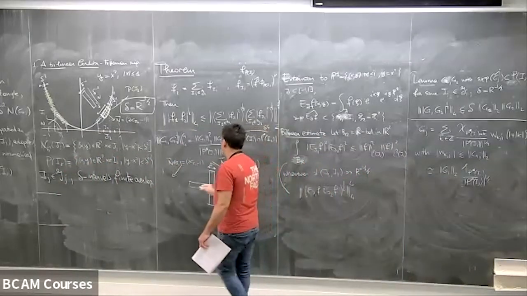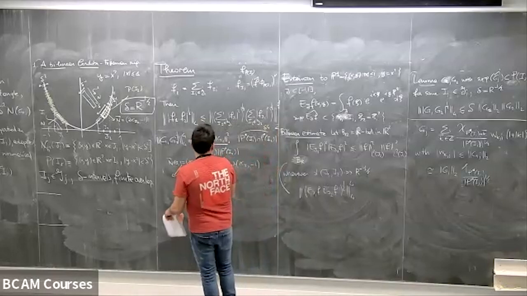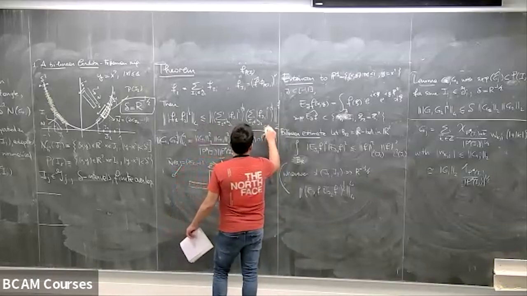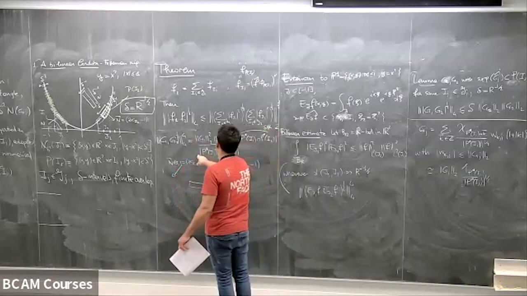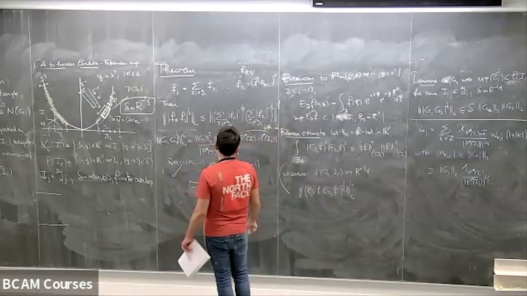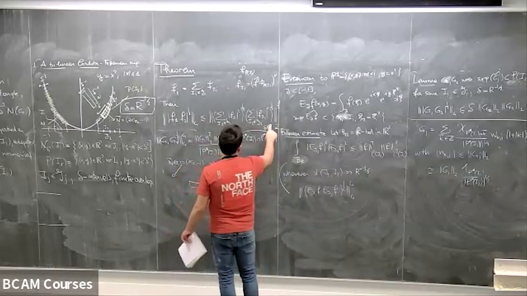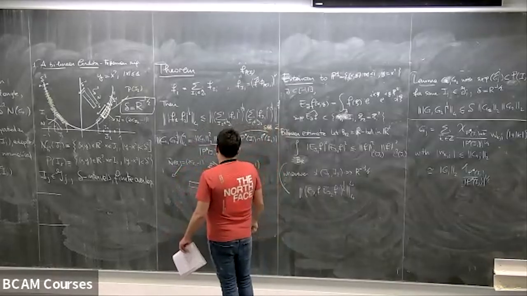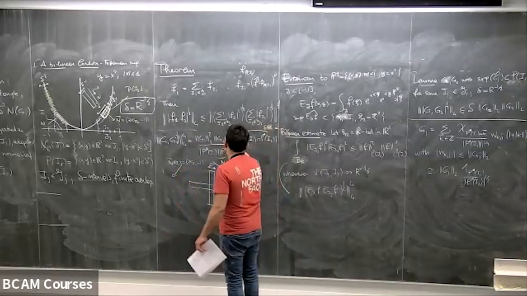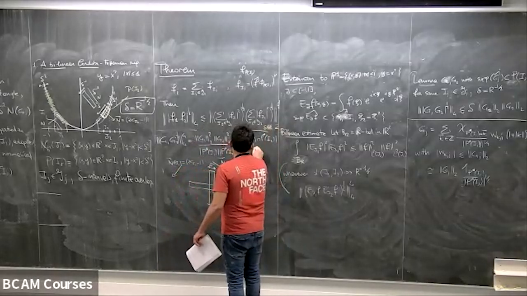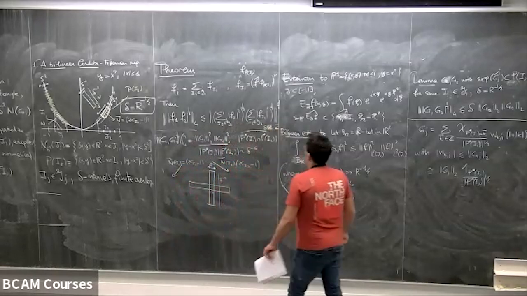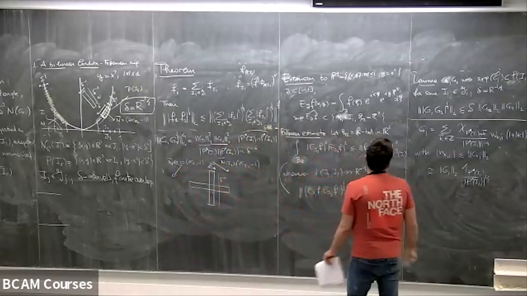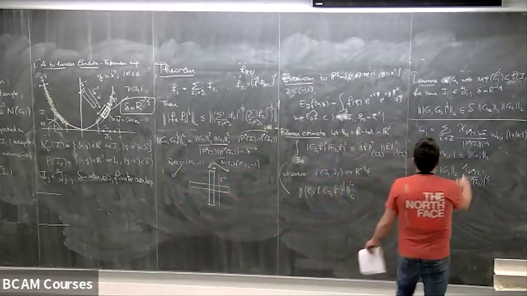But each of these guys is delta to the power minus 2, and each of these guys is delta to the power minus 3. So I have just proved this.